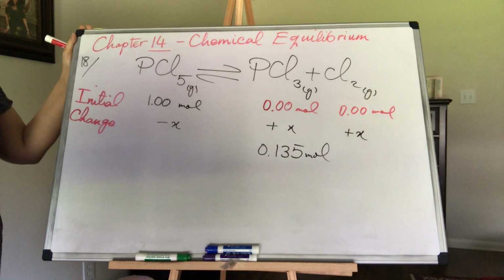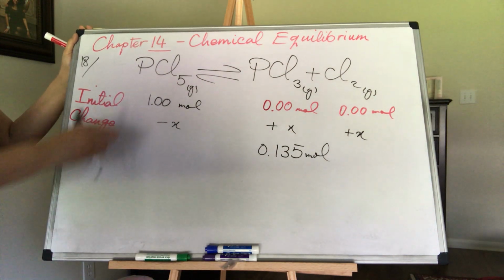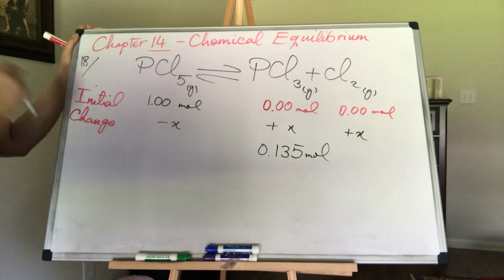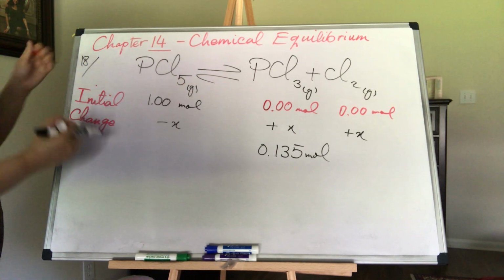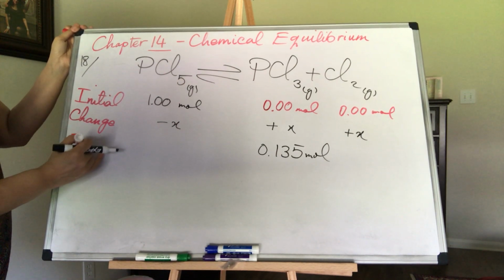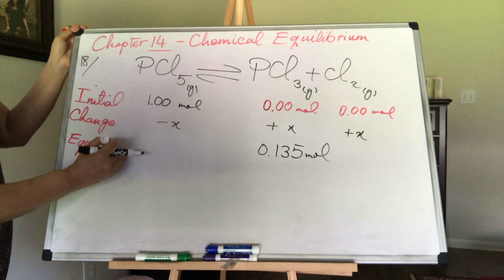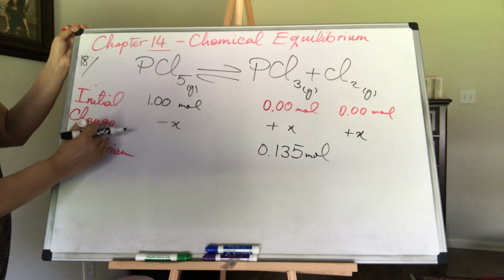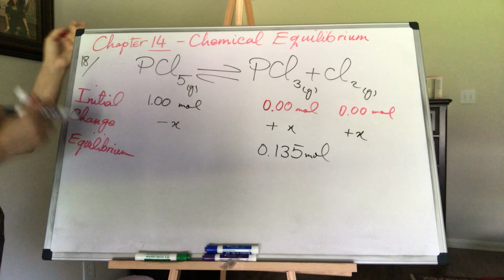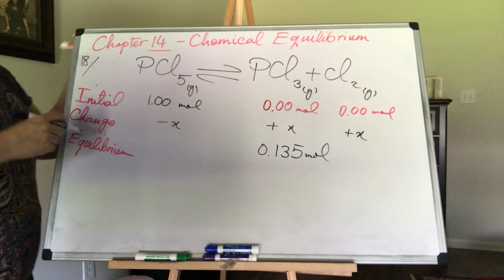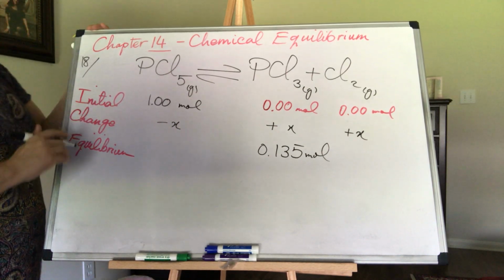Okay? So at the end, if you add initial and change to each other, we will reach the equilibrium state. So it's like we monitored the changes that the system goes through from initial towards the equilibrium.